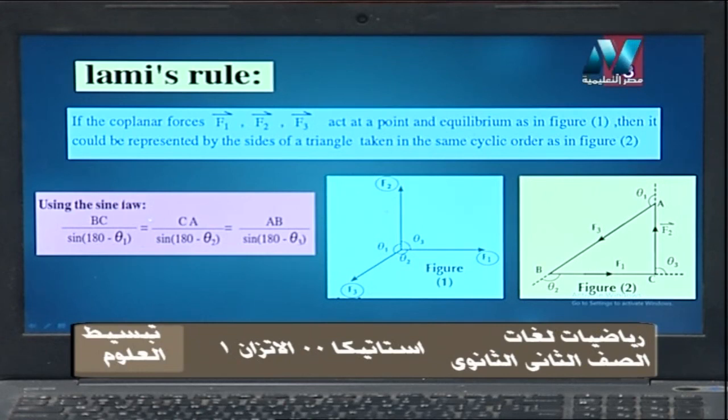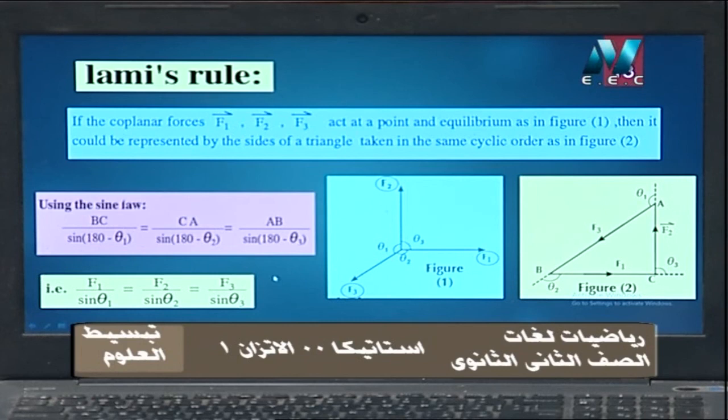So BC over sine of 180 minus theta 1, which is this angle, equals CA over sine of 180 minus theta 2, which is this angle, and AB over sine of 180 minus theta 3, which is this angle. Okay?